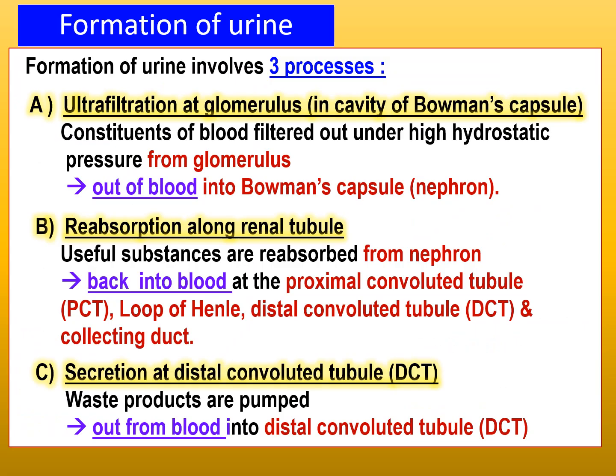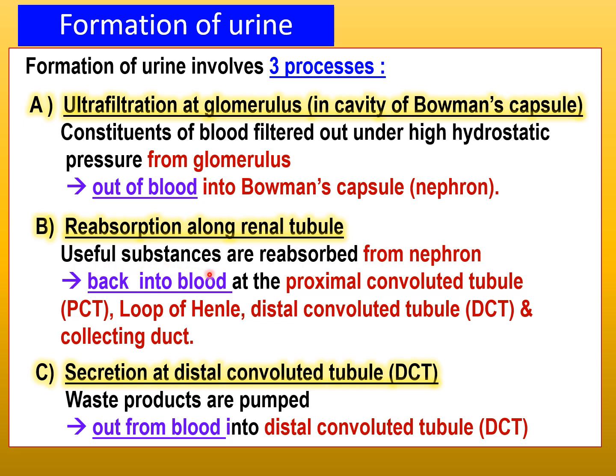So here are the notes for the introduction. What are the three processes that lead to the formation of urine? A, ultrafiltration at the glomerulus, in the cavity of Bowman's capsule: constituents of blood are filtered out under high hydrostatic pressure from the glomerulus out of the blood into the Bowman's capsule, which is part of the nephron. B, reabsorption occurs along the renal tubule, meaning the other parts of the nephron below the Bowman's capsule.